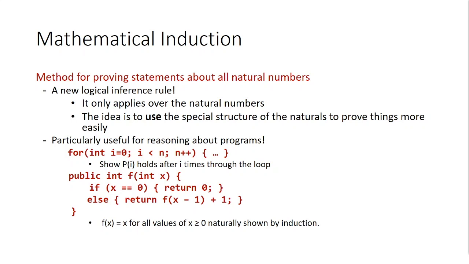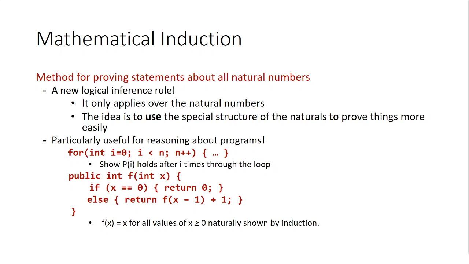Here is an example. We have a for loop. We want to show how it works. So we can show that the property P holds after i times through the loop. There will be a function in the for loop body that is always the same, but it gives a different result at each iteration.